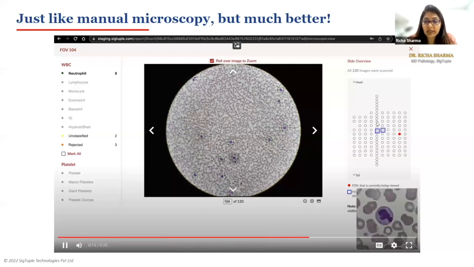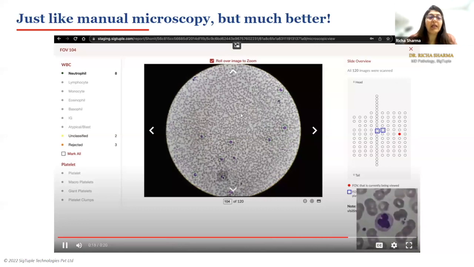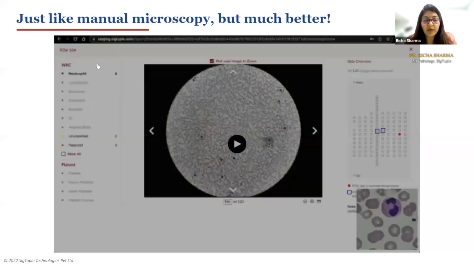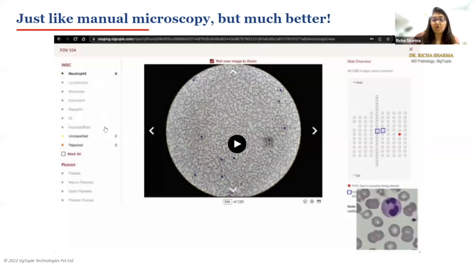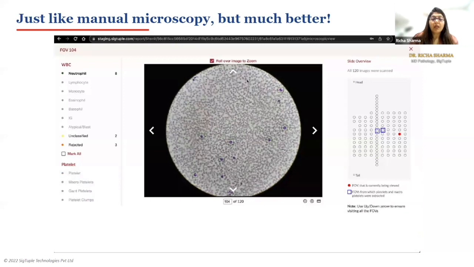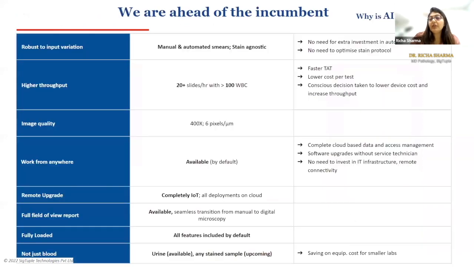You can click on every circle here and see which FOV has been analyzed. It also tells you how many cells this particular FOV extracted. So everything on this solution is evidence based. So how do we say that we are better, or AI100 is better than the other players in the market?